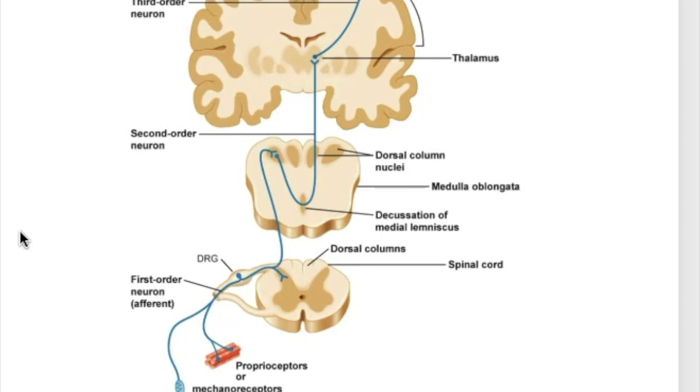The primary neuron in this sensory pathway carries the information from the receptor to the central nervous system. The secondary neuron, which is an interneuron, carries the information from the primary neuron to the tertiary neuron. And the tertiary neuron carries it up to some cell in the brain that happens to be located in the cerebral cortices.